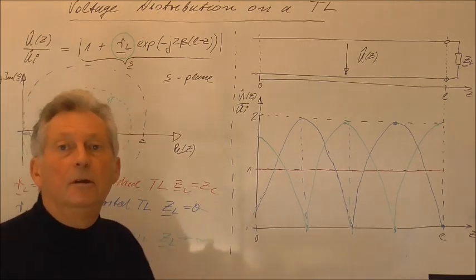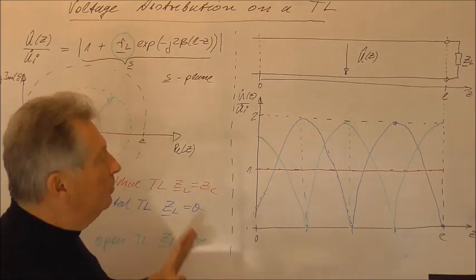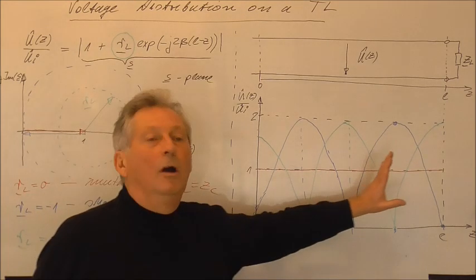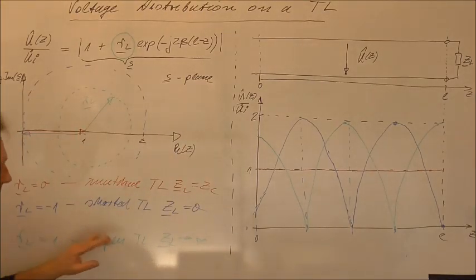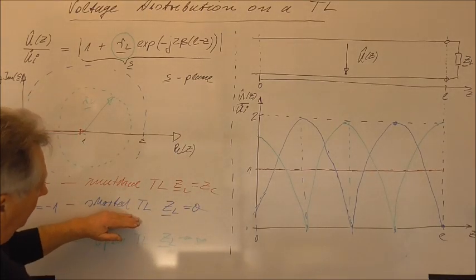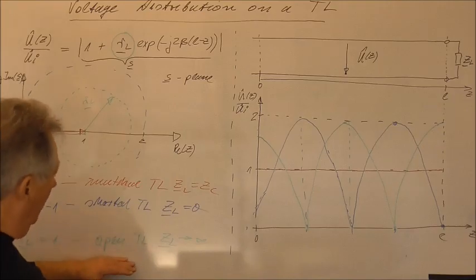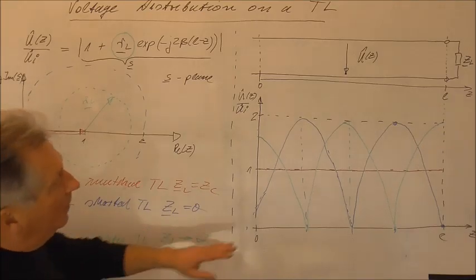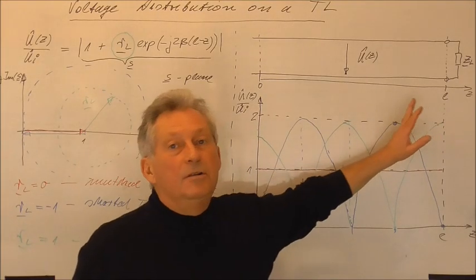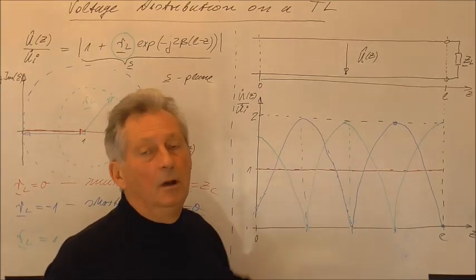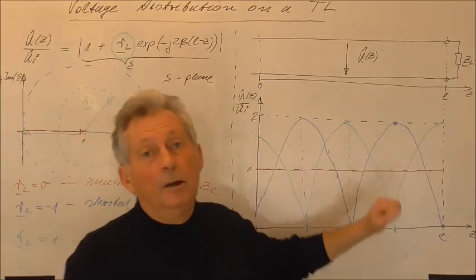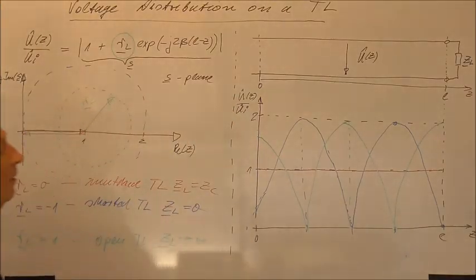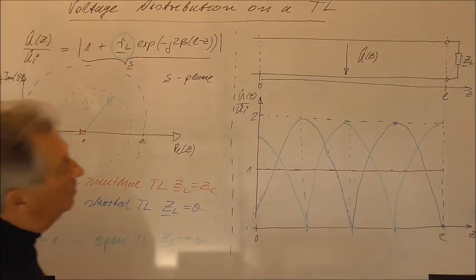No reflection will occur, and this means you can transmit your information perfectly over the transmission line. But if you have a shorted transmission line or an open transmission line, then you will have a totally standing wave on the transmission line. All the energy will be reflected back and no energy will be transported on the transmission line.